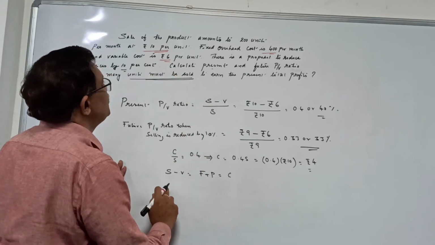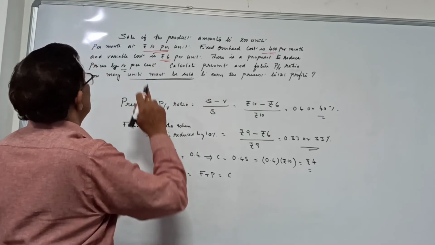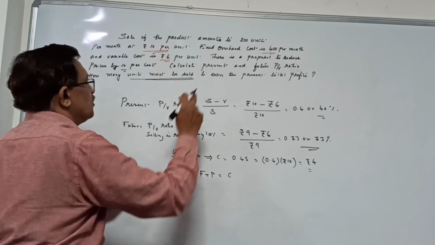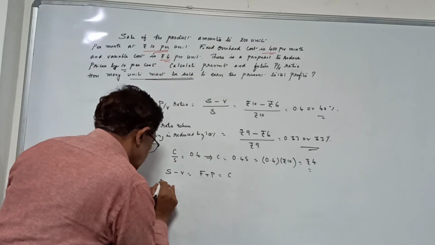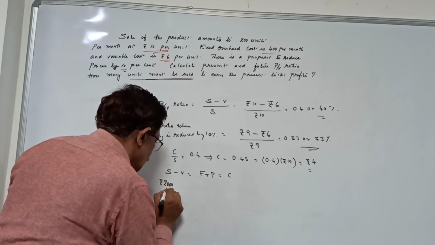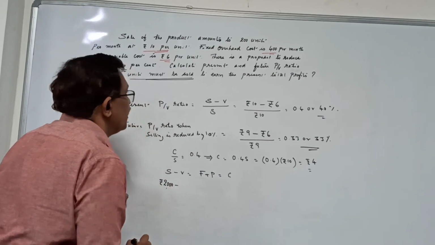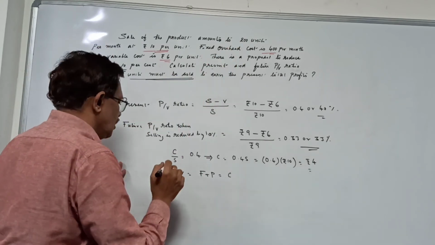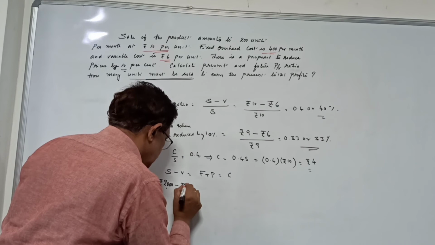Earlier, the total sales. We are selling how many units? 200 units. 200 units into 10 rupees is nothing but rupees 2000. We are selling 2000 worth goods. Variable cost is nothing but 6 rupees. 6 rupees into 200 units is rupees 1200.